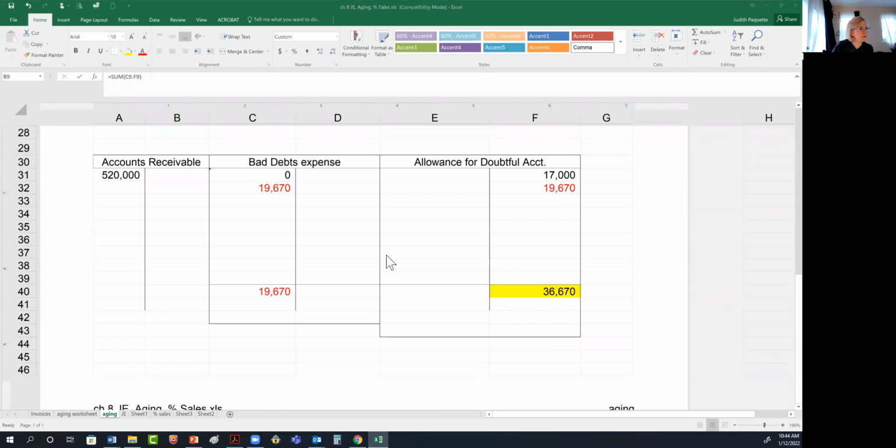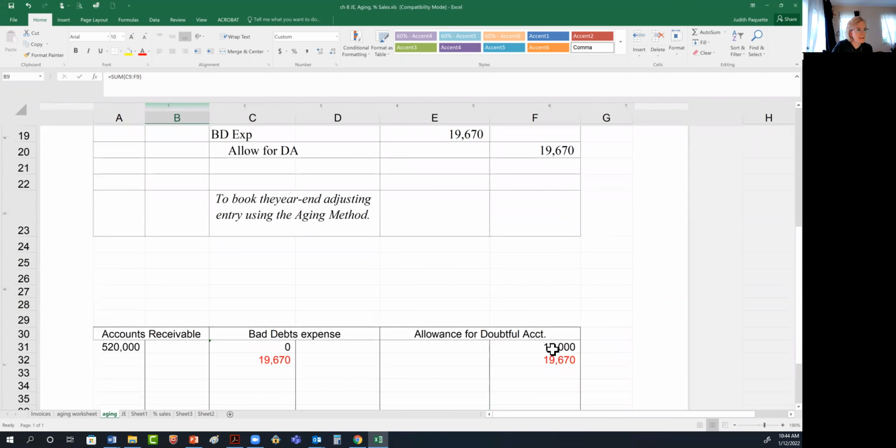Okay, so then it's time to, so what happens? Normally the normal balance for allowance for doubtful accounts is a credit balance, because it's a reserve against an asset account. It's a reserve that says, hey, we have this asset, accounts receivable, that's $520,000. But against that, we have this reserve.